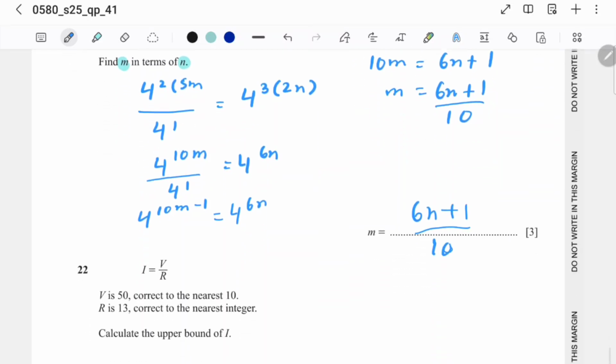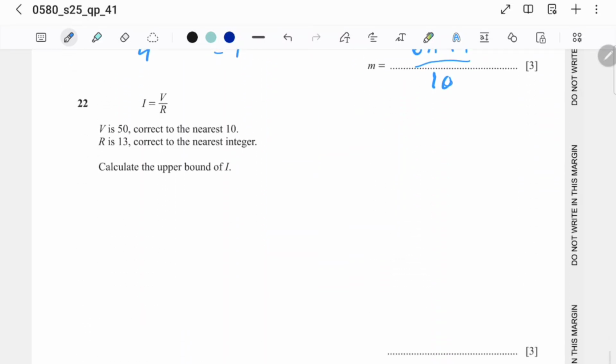Okay. Now the next question, 22. I equals v upon r, and v is 50 correct to the nearest 10. So you know that is a limits of accuracy question. R is 13 correct to the nearest integer.